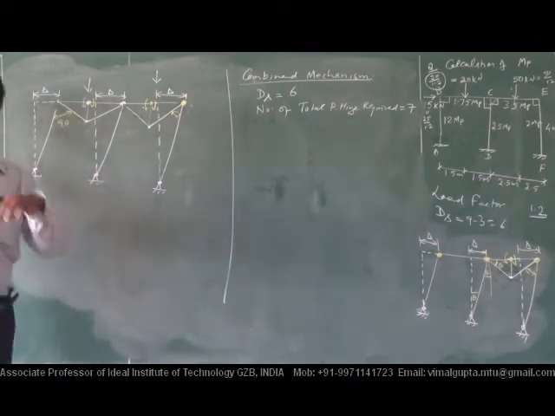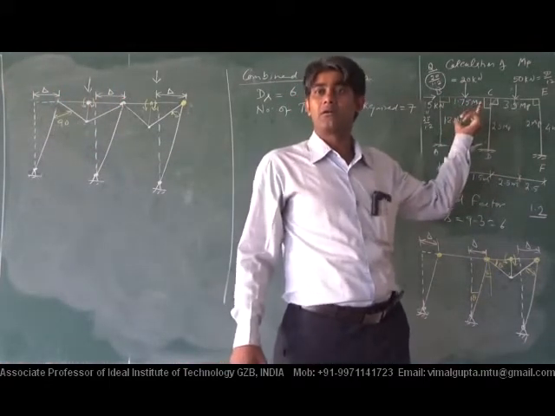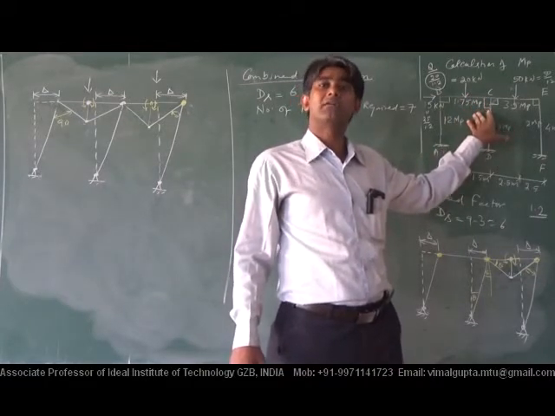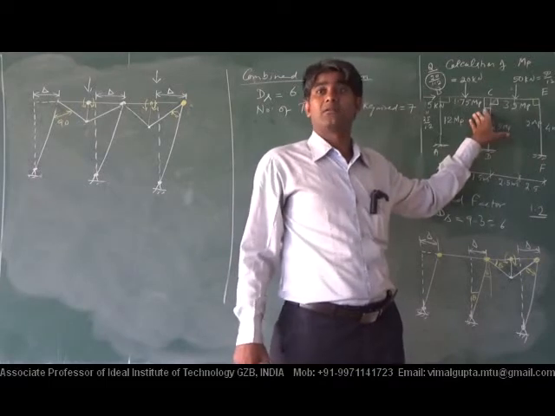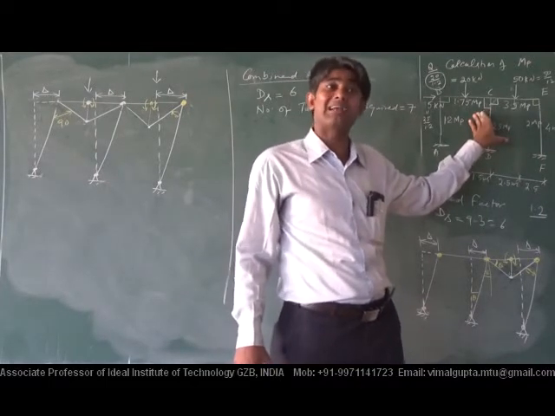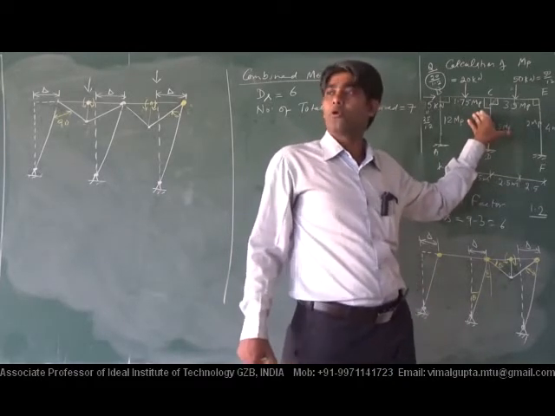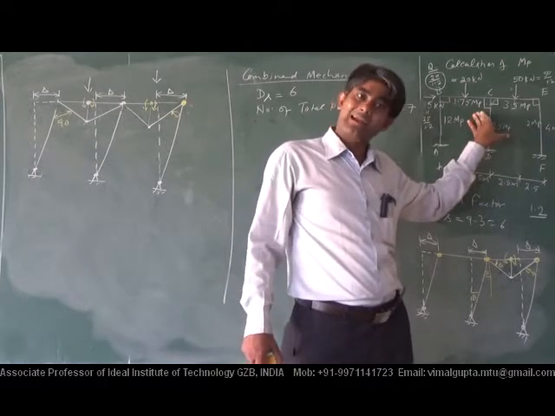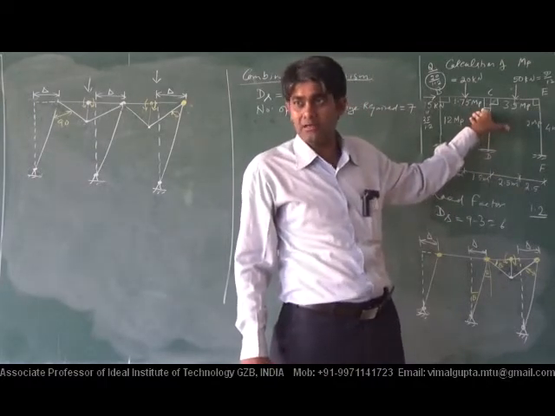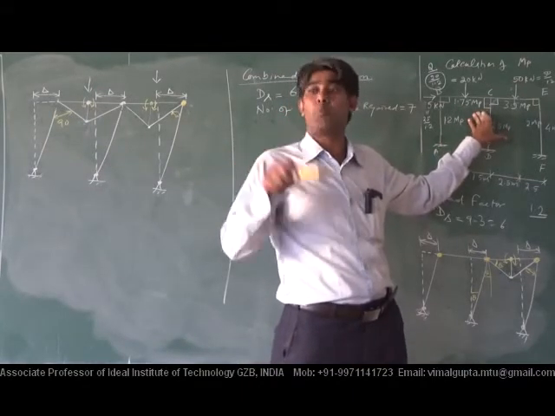Why we do not have any other option? Because we have considered every possibility, and the possibilities are the plastic hinge. We have to locate the plastic hinge under the load. If it is the point load, then we have to locate under that load. If it is UDL, then we have to search that point, and we have to start the plastic hinge at that point.